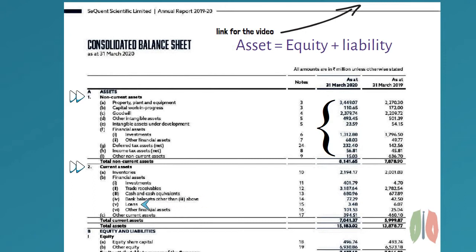Next, loans. Actually, loan is a liabilities part, but when a company gives loans to others or its employees, that will be coming under this assets part. So these are the loans which the company gives to its employees or some other parties. So this will be coming under the current assets part. Next, other financial assets.